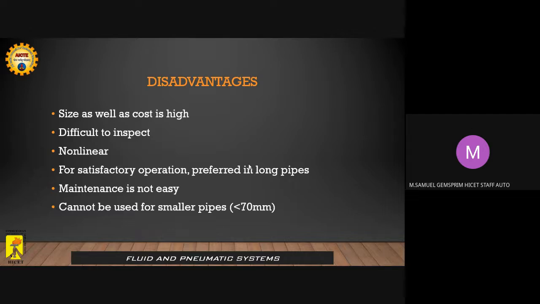Then distances, then maintenance is not easy. That is why the inspection is also not easy. Then it cannot be used for smaller pipes which have a diameter lesser than 70 mm.